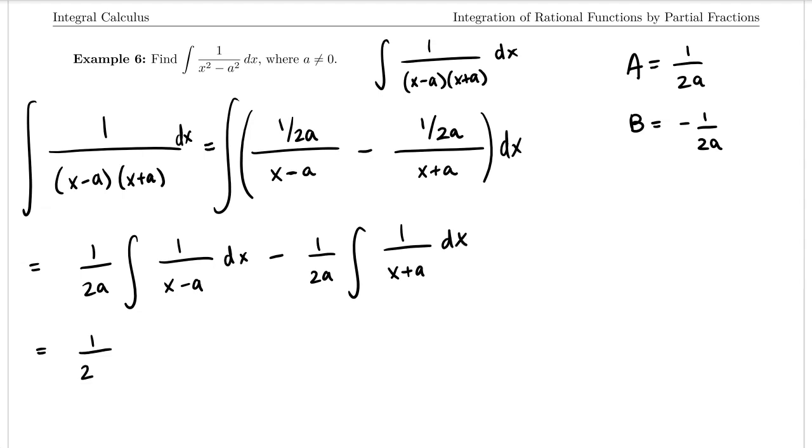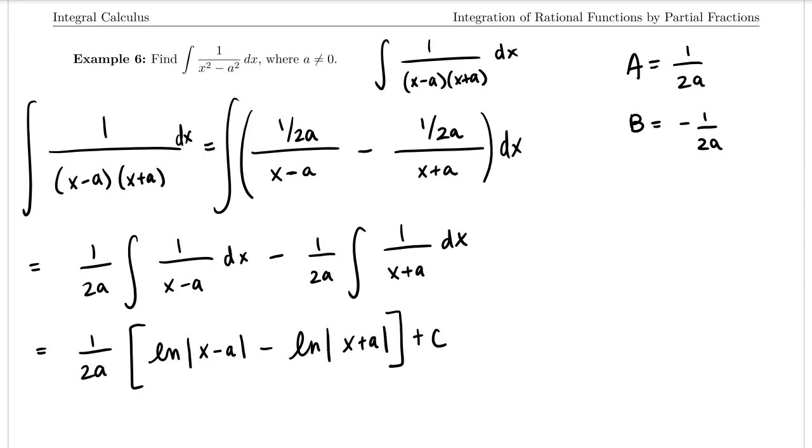These both have 1 over 2a, and let's solve the first integral. That's going to be the natural log of the absolute value of x minus a, then minus the natural log of the absolute value of x plus a, and then plus our constant of integration.